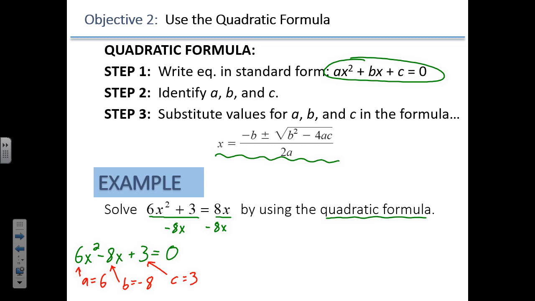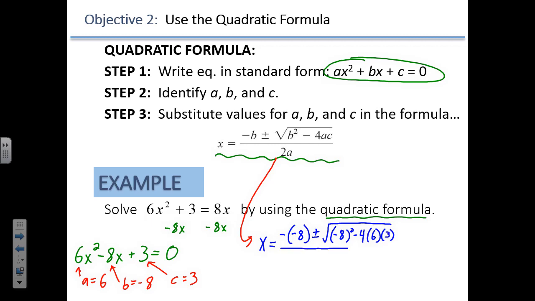Then we can apply the quadratic formula and say that our values of x that make that equation true, our solutions will be negative b, be careful of your signs here, negative minus 8, plus or minus the square root of our b value, which is negative 8 squared, minus 4 times our a value, which is 6, times our c value, which is 3, all over 2 times our a value, which is 2 times 6.